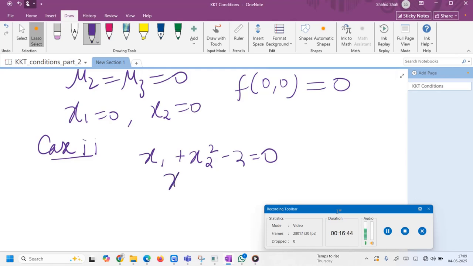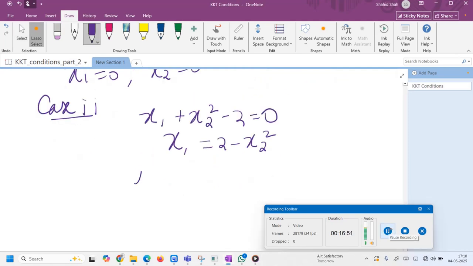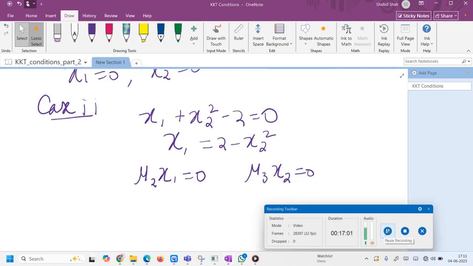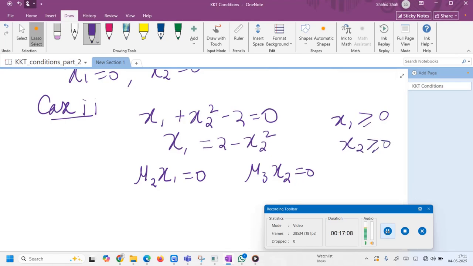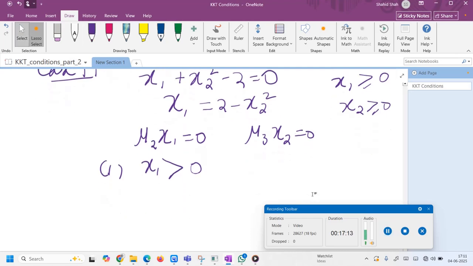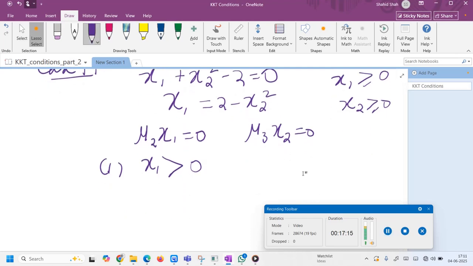So it means that x1 is equal to 2 minus x2 square. Other KKT conditions remain the same, that is mu2 x1 is 0 and mu3 x2 is 0. Remember that we have these constraints already. Now let's say that x1 is strictly greater than 0, not equal to 0, and also we need x2 to be positive.